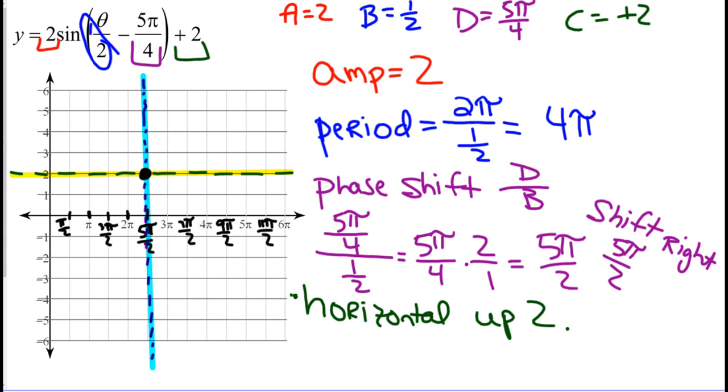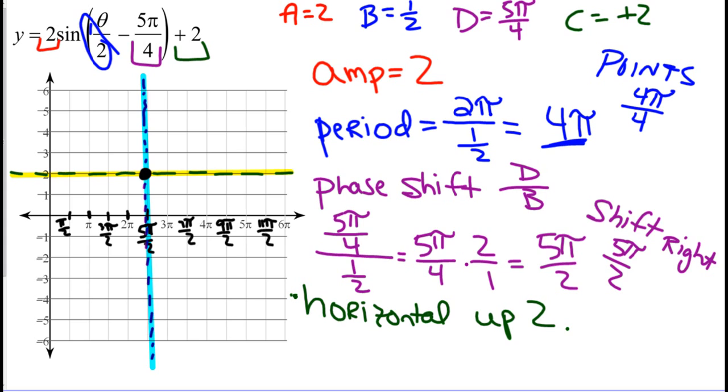Now remember, to get your points, you take the period, which is 4 pi, and you will always divide it by 4.